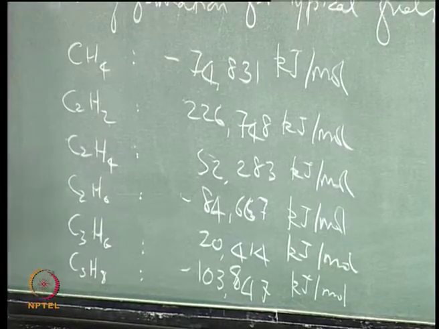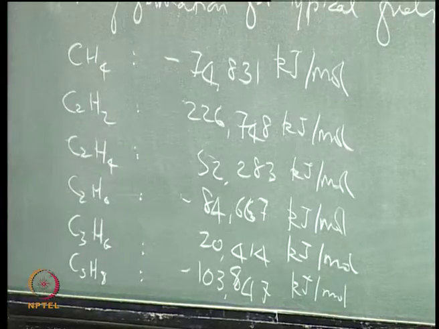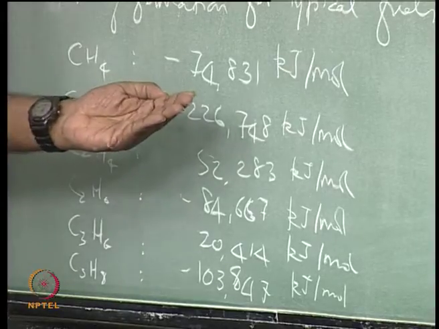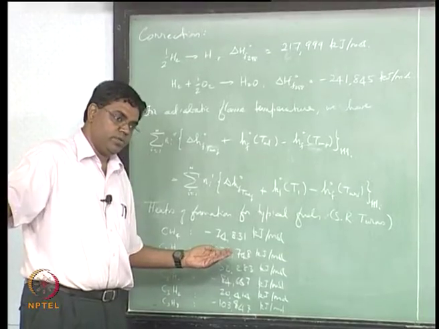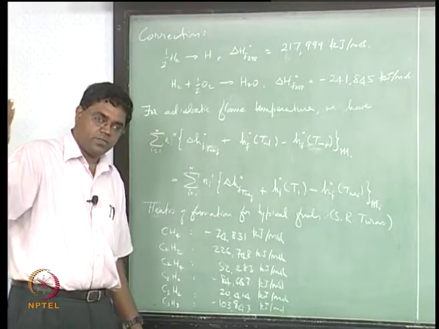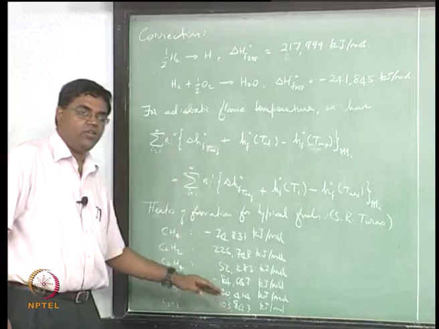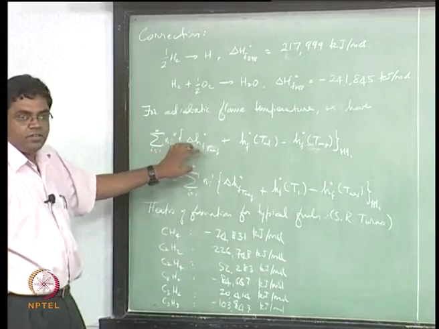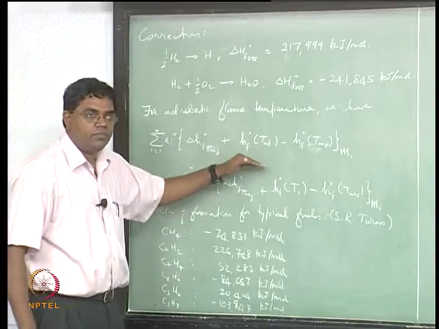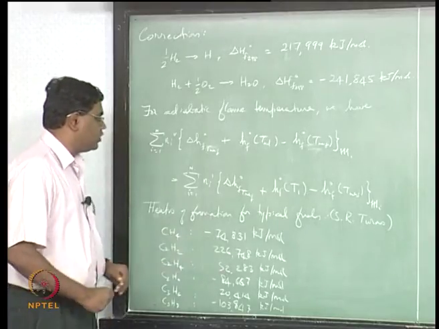We see that some of them are negative, some of them are positive, but even if they are negative, they should not be high negative values. So it could be somewhere around 0, negative or positive. Positive is better, but we don't want them to be as high negative values as the product standard heats of formation, so that we will get some high temperatures there. This is how you are essentially looking for identifying the fuel.